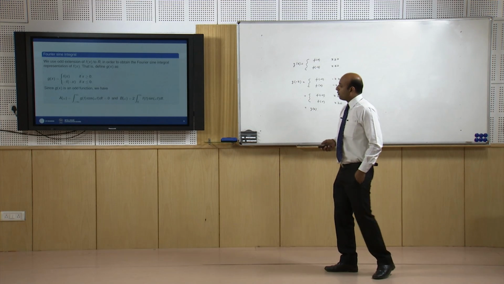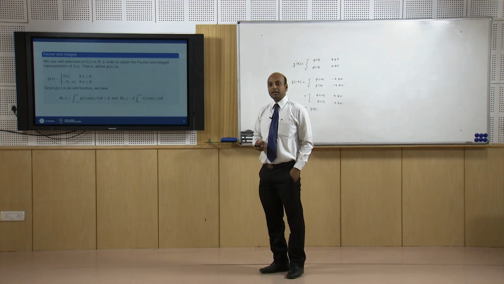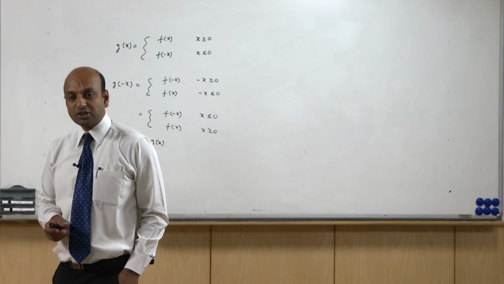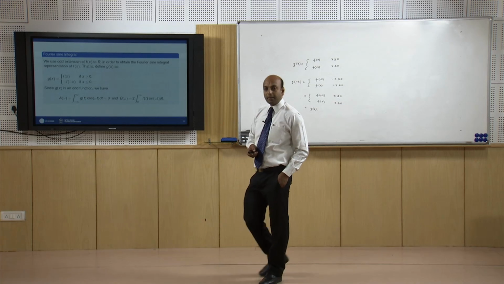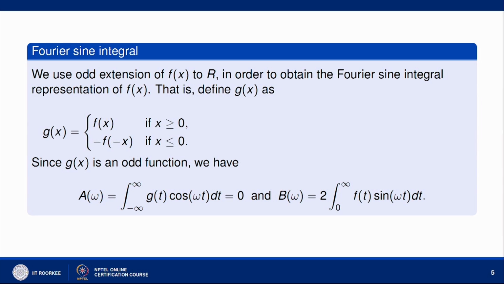Now similarly, if you want the Fourier sine integral representation of a function which is defined in the half range, I mean from 0 to infinity only, we extend the function such that the new function g(x) becomes an odd function. That means we take g(x) as f(x) when x is greater than or equal to 0, and minus f of minus x when x is less than or equal to 0. Now g of minus x is nothing but minus g(x), that means g(x) is an odd function.